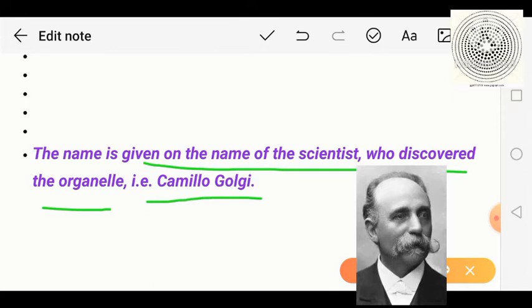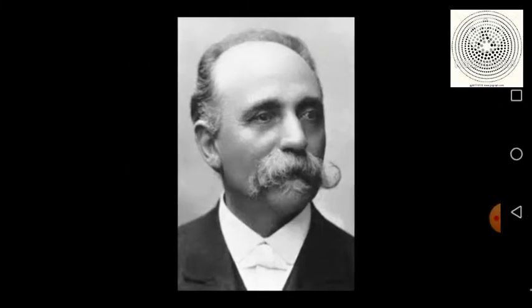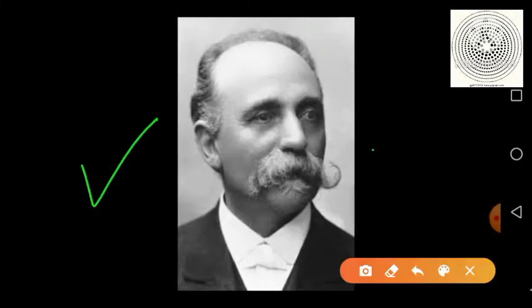Camillo Golgi first discovered this kind of organelle, and in honor of this scientist the organelle is known as the Golgi complex or Golgi bodies. Camillo Golgi made a very great contribution to cell biology.